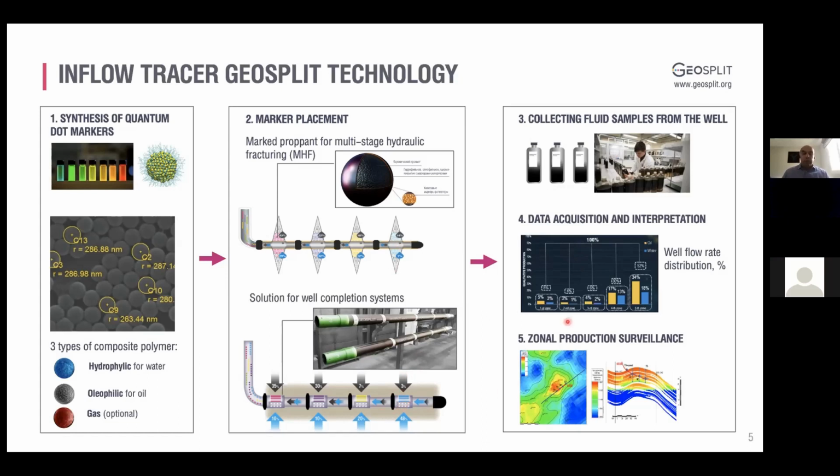And we can also provide quantitative analysis of all three phases, oil, water, and gas. Obviously, such data now gives the end user more data points on the next level of production surveillance, not only on the well level, but now on the different zones of the reservoir inside each well.